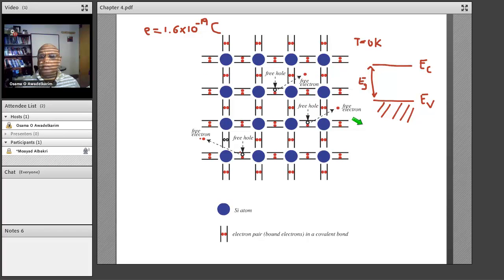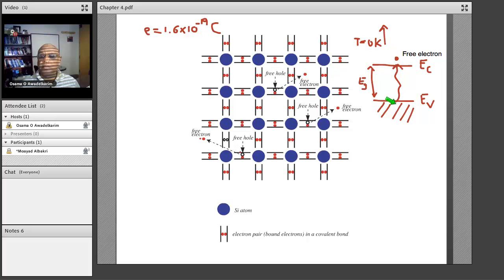But now, if we increase the temperature, as we said, and I'm describing this in the band picture, an electron has enough energy now to go up here and become a free electron, which is an electron in the conduction band now. And what does it leave behind?